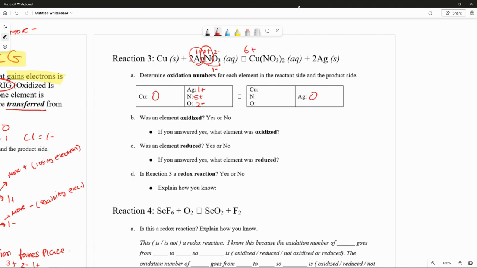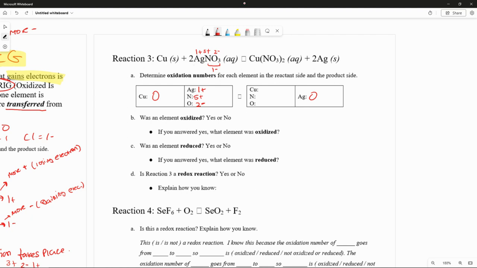Then we have 2 minus times 3, which is -6. 6 minus 6 is a zero charge, which corresponds with the zero charge on our whole compound. Therefore, we know that all of these are correct.